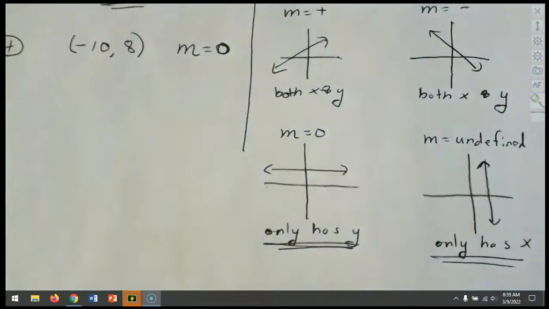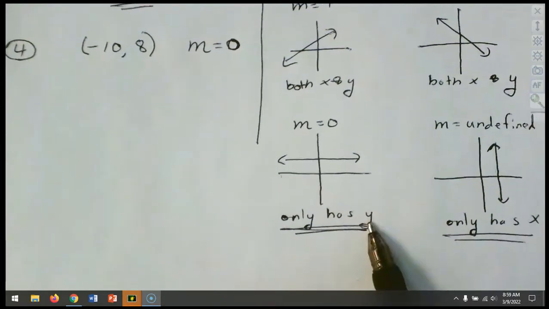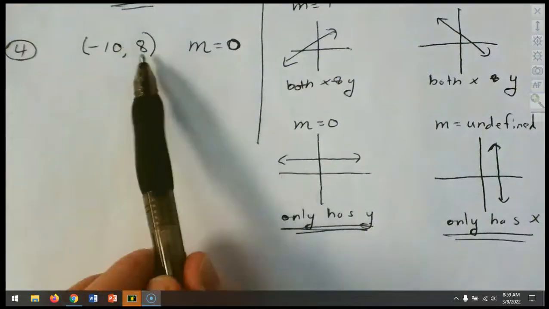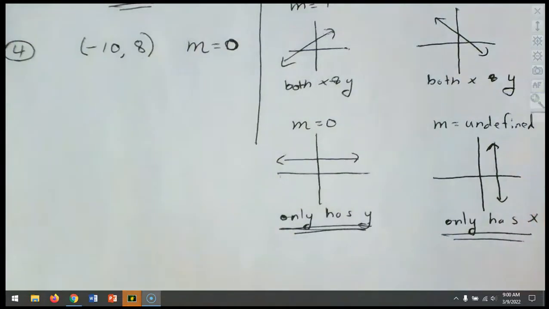I'm going to show you 2 ways of looking at this question. Let's go ahead and do it with our formula. Okay, now it should come out to look like this. It should just have a y. I can look at it and tell you that it should be y equals 8, just because my slope is 0. But let's verify that.